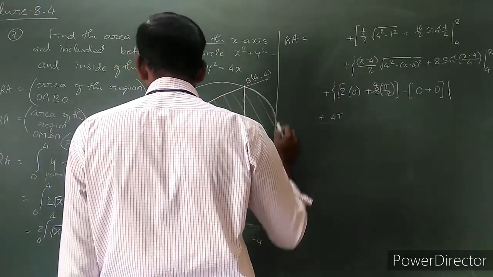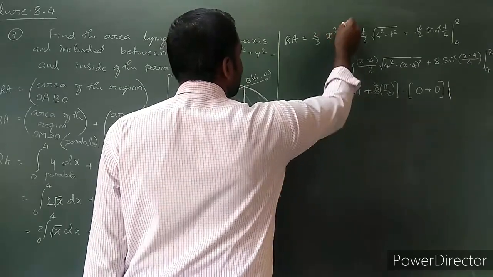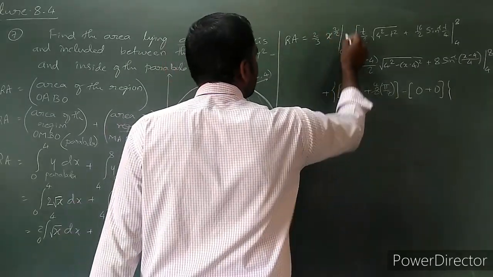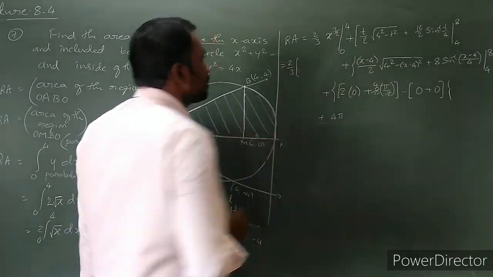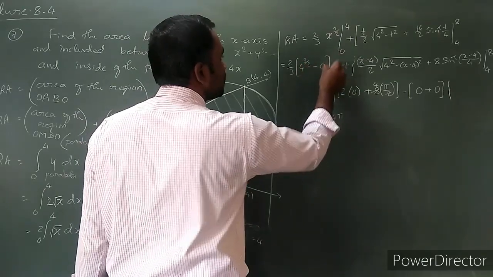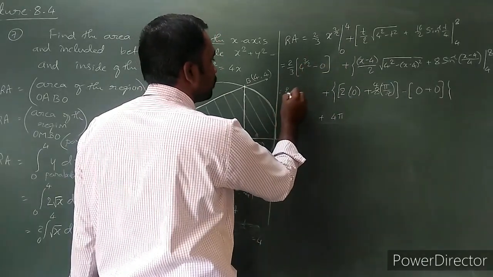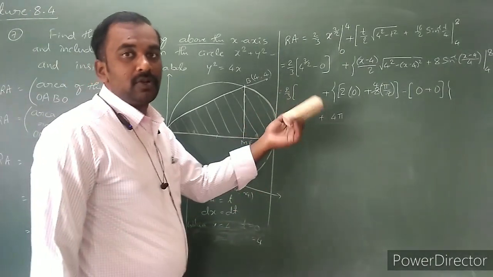Root x integration is x power 3 by 2 into 2 by 2, limit from 0 to 4. Okay, 2 by 3. Upper limit is 4: 4 power 3 by 2, minus the lower limit, which is 0. So 2 by 3 into 4 power 3 by 2, root of 4 whole cube.